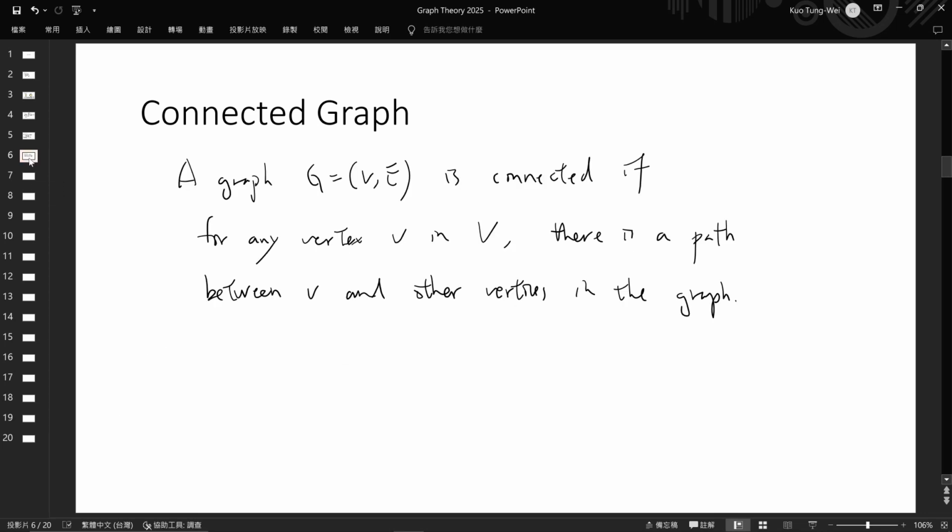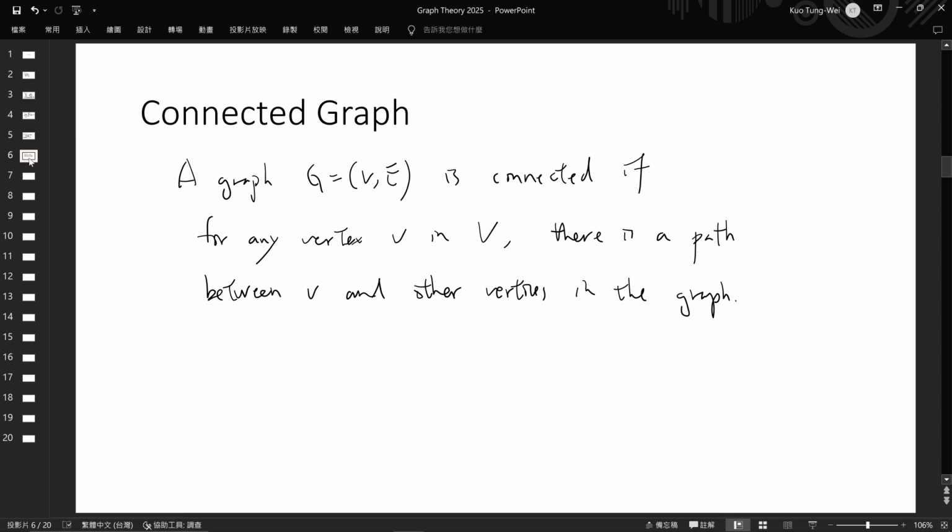Any questions? All right, so this is the math definition. We can also discuss the algorithm: given a graph, how to check whether it is connected or not. This is quite simple.